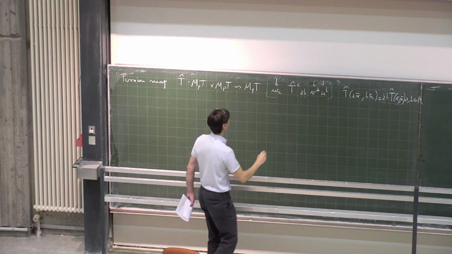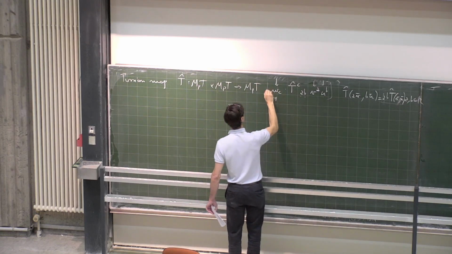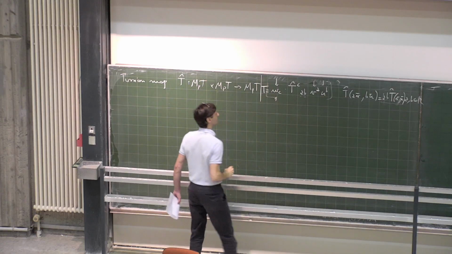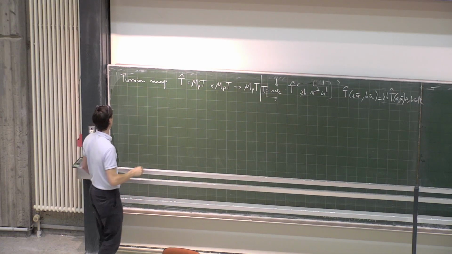Okay? So now this new object that we call T is the tensor associated to torsion.